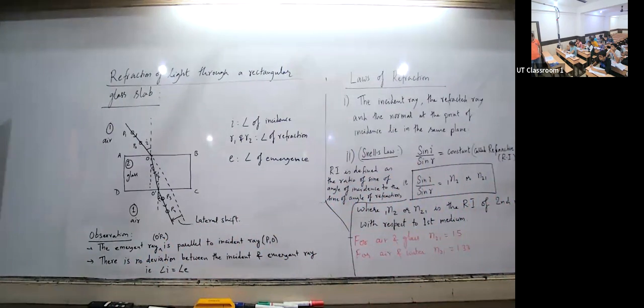Sometimes there will be a question: draw the ray diagram for refraction of light through a rectangular glass slab, and then explain the inferences or observations. These are the observations. Now, how do we explain this?